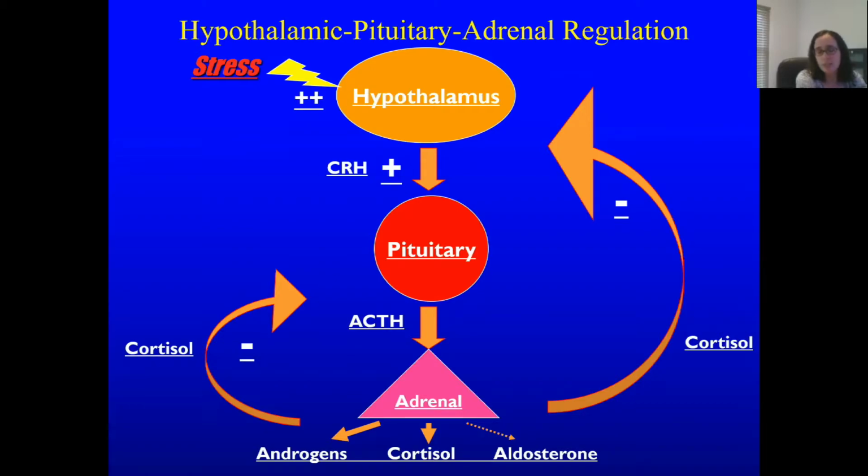It's trying for negative feedback, but in something like Cushing's, you lose that regulation. So you have high ACTH and high cortisol levels. The same would go for aldosterone. High aldosterone should feed back and should say, hey, I don't need any more aldosterone. But in hyperaldosteronism, you lose that feedback.